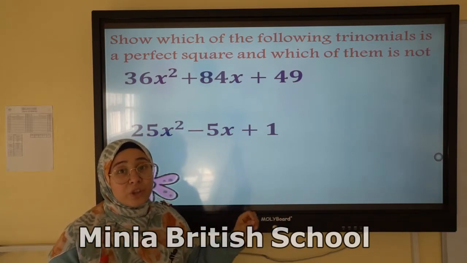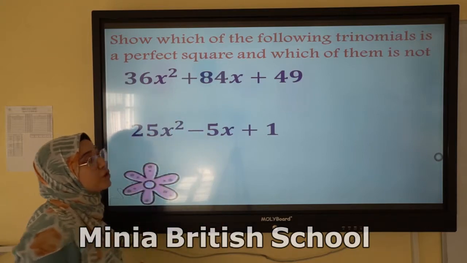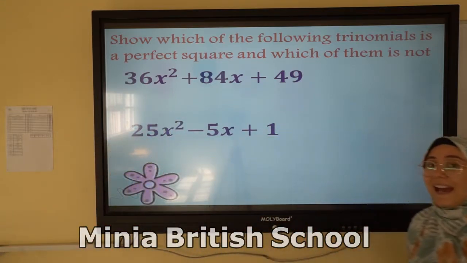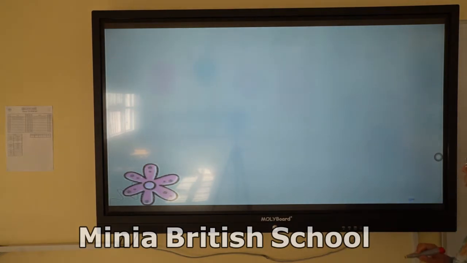Now you must check the middle term. Okay, the middle term has a rule.